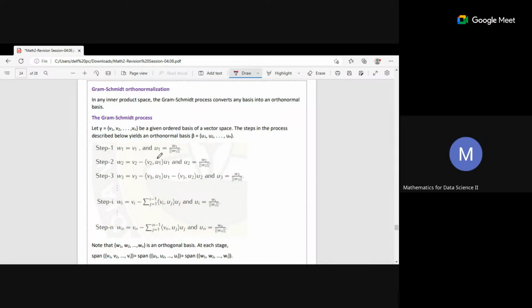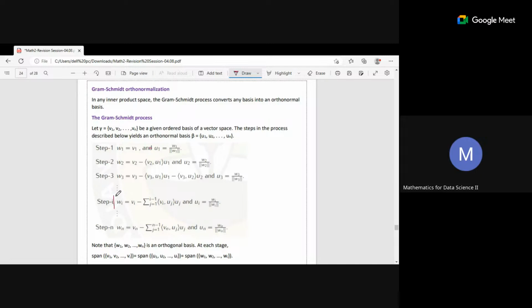Okay, the steps are as follows. You take first W1 equal to V1 and then normalize it. And then for W2, W3 and so on, the general formula is Wi equals Vi minus the sum over j equal to 1 to i minus 1 of the inner product of Vi with Uj times Uj, and then Ui is simply Wi by norm of Wi.